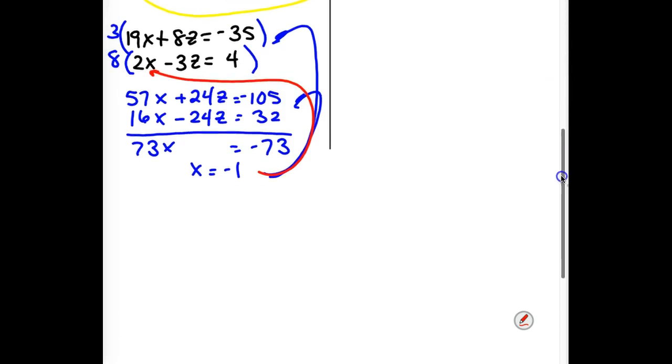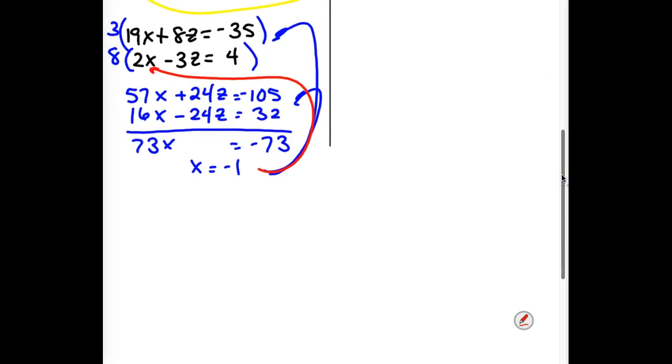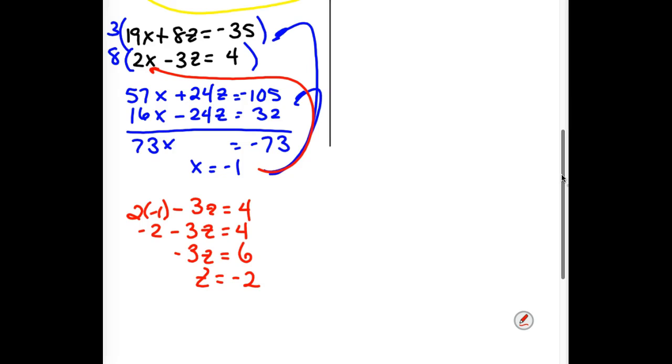I can solve now for z. So negative 1 times 2 minus 3z has to equal 4. If I add the 2 to the other side, I have negative 3z equals 6. So z is going to have to be negative 2.